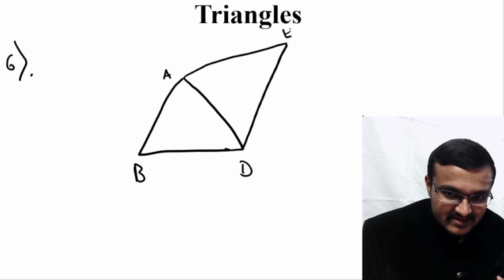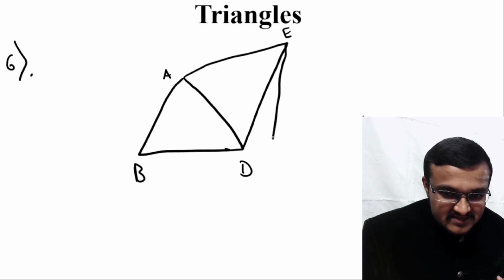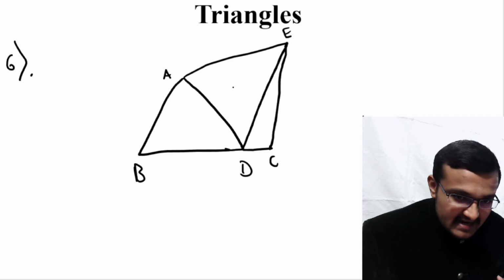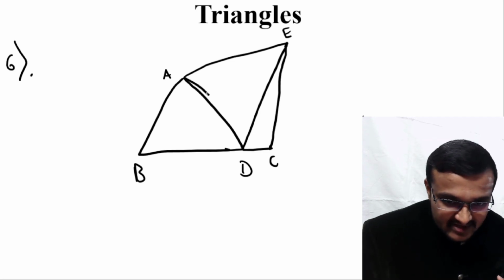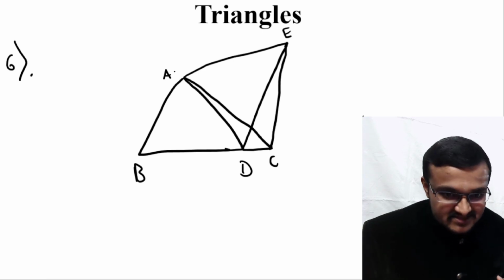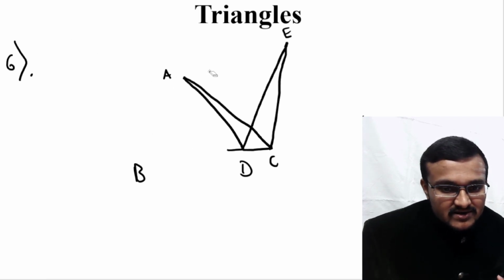There is one line coming from E towards C like this. This point is C, and there is one more line coming from A to C like this.